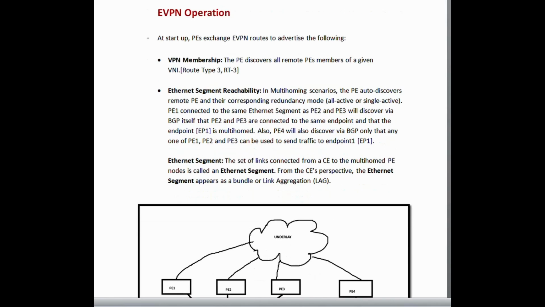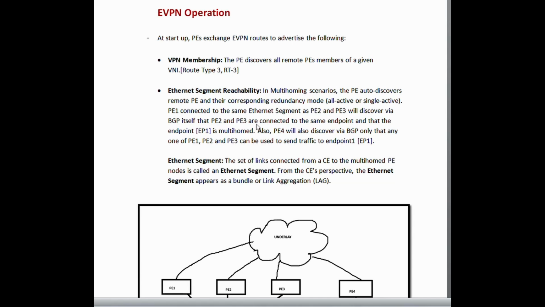So friends, before we discuss how route type 4 works, let's quickly have an overview of the EVPN operation in general. As soon as we configure a VNI or a VLAN to VNI mapping on a leaf switch or a PE switch, the leaf switches start the process of discovering the other leaf switches that are part of the same VPN.